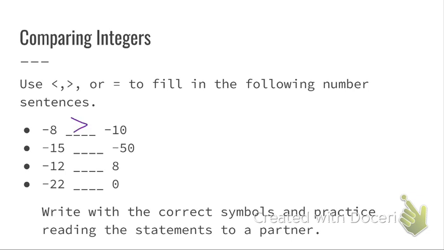So I'm going to place these so that they are open to the number that would be further to the right. I know that 50 seems like a really big number, but if I had to choose between negative 15 in my checking account or negative 50, I don't want either one, but I would rather have 15 in debt than 50 in debt.